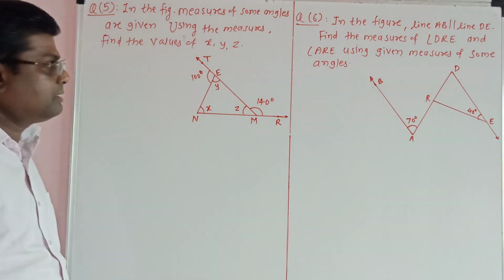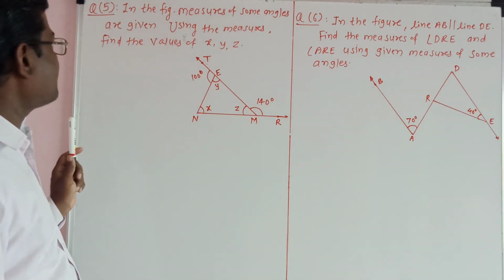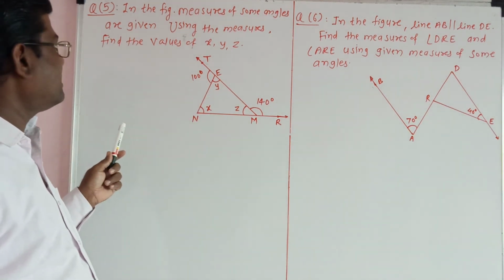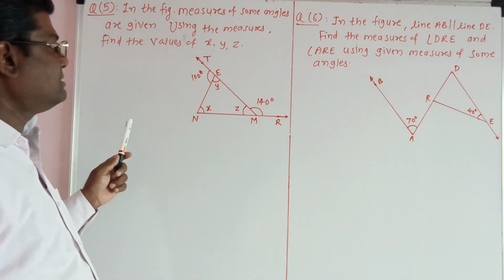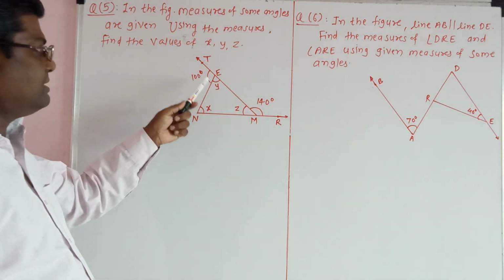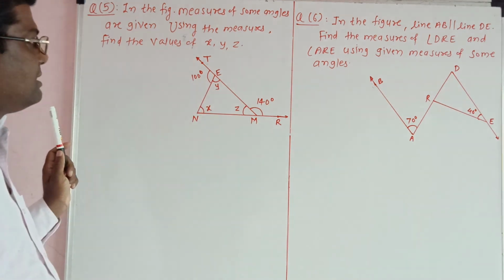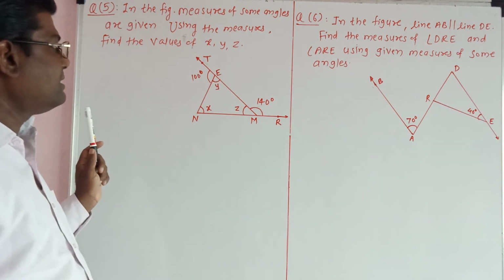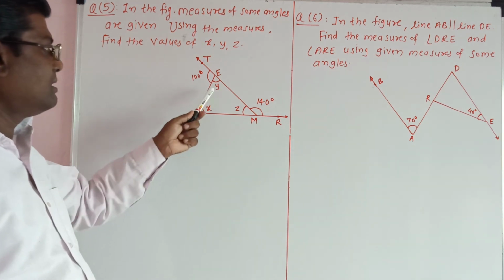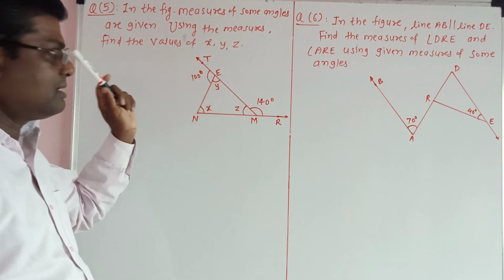Example number 5. In the figure, measures of some angles are given. Using the measures, find the values of x, y and z. Now let's see in the figure, these two angles are angles in linear pair. We know that the sum of measures of angles in linear pair is 180 degree. Therefore, y plus 100 degree is equal to 180 degree.